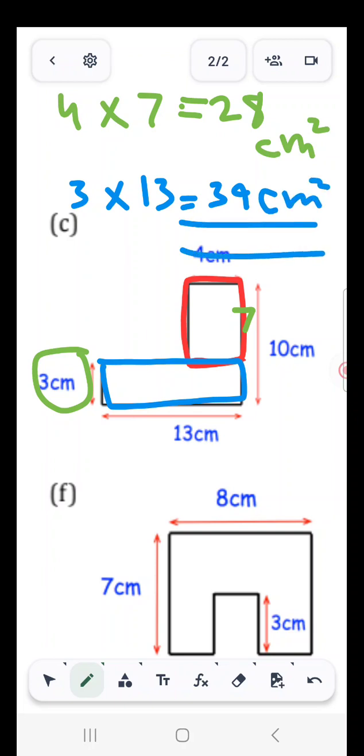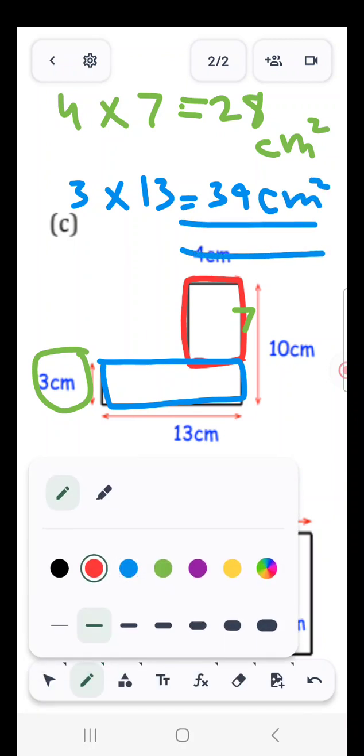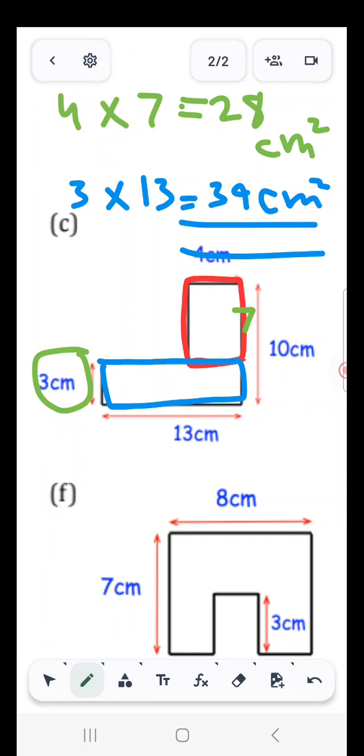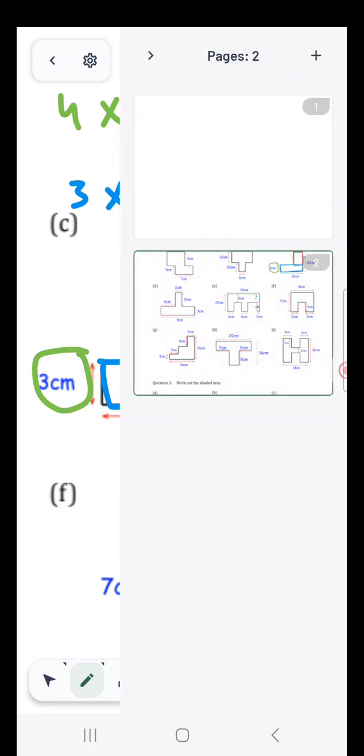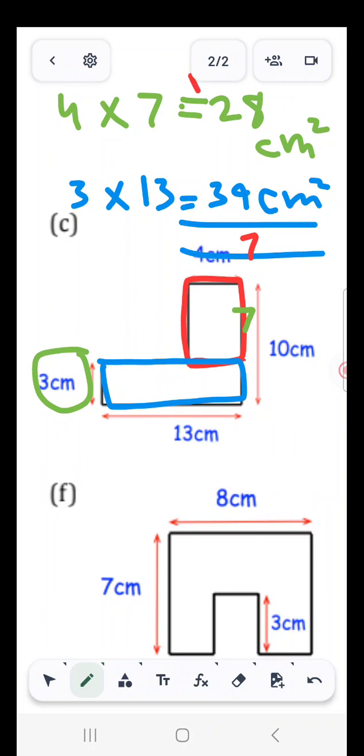And if you add them up, 8 add 9 is 17, and 1 goes at the top. Then 2 add 3 is 5, add 1 should be 6. So the answer should be 67 centimeters square. So the answer of the whole shape is 67 centimeters square.